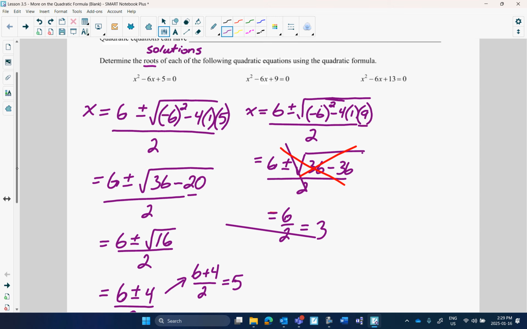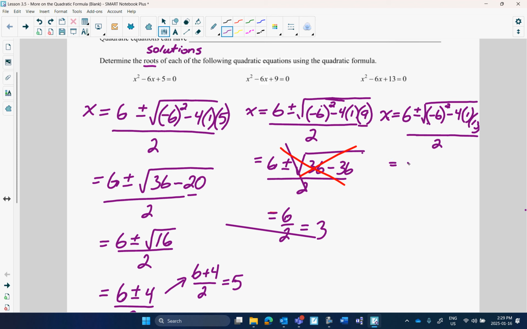Finally, you can probably guess how many roots this is going to work out to. x equals, well, we've got negative 6, so 6 again, plus or minus negative 6 squared minus 4 times 1 times 13, all over 2 times a, which is 2.